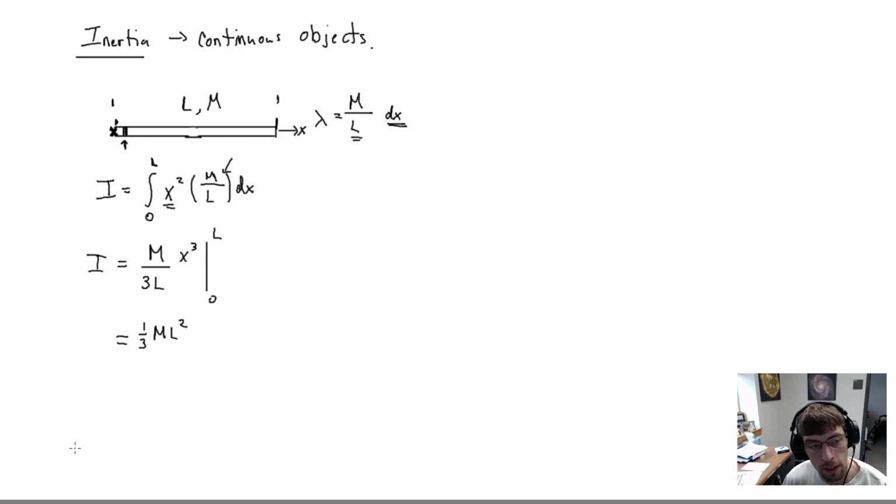That's evaluating at the L. And of course, you notice that because we're multiplying by x, when we put 0 in, we're going to end up with 0. So here is, again, the moment of inertia for a 1D thin bar rotated about an endpoint.